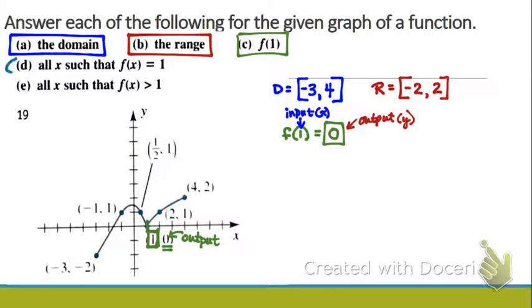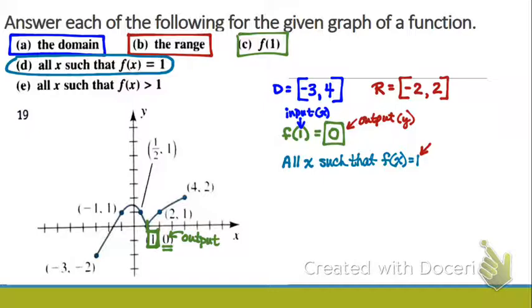For part D, I want all x such that f of x is equal to 1. Is this 1 right here input x values, or is it output y values? Output. So I'm looking for everywhere that 1 is the output, is the y value.